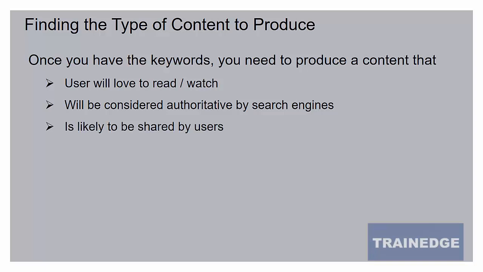You also want to make sure that your content is created in a way that users will love to share, because when your content gets shared, then it gets discovered by a lot of people who will build backlinks to your site without you asking for it. And if all of these things fall in place, then your page will rank high in search results.